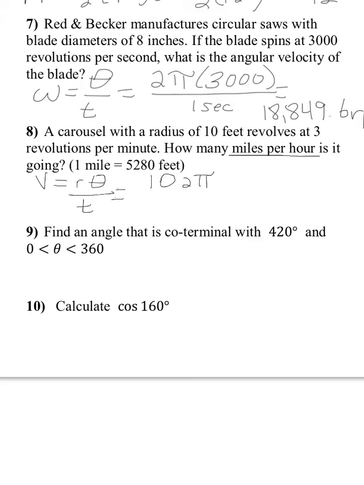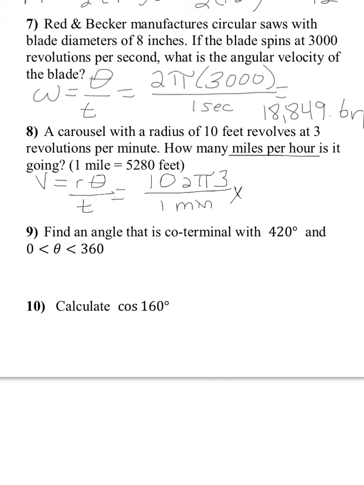And we also know that it goes 3 revolutions per minute, so we're going to do times 3 revolutions. All of that over time, which is per minute. So 1 minute.